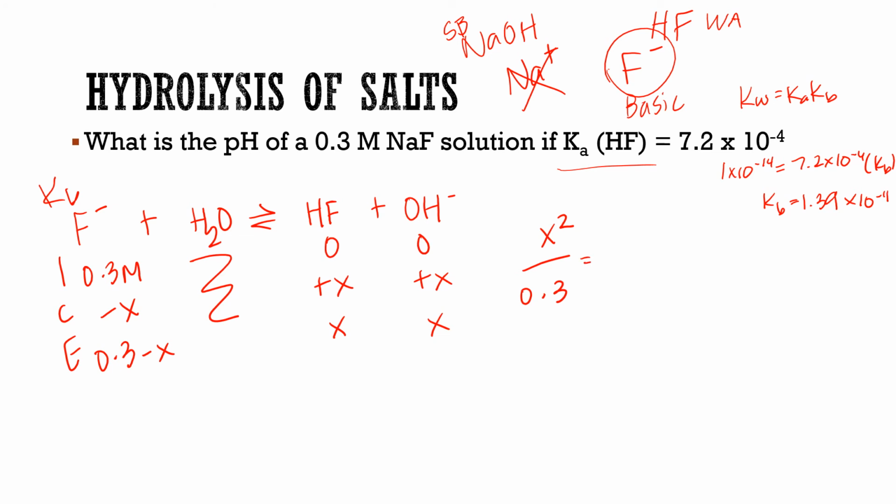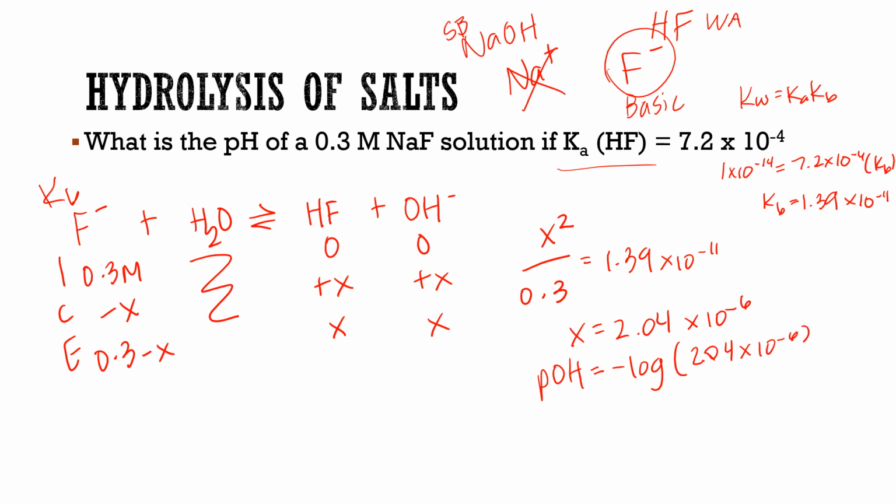So now I can set this equal to Kb. When I solve for x, I get 2.04 times 10 to the negative 6. When I take the negative log of that, remember, y'all, it's pOH because this is a base. And I get that the pOH equals 5.69.